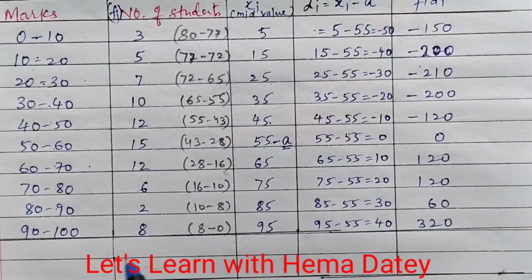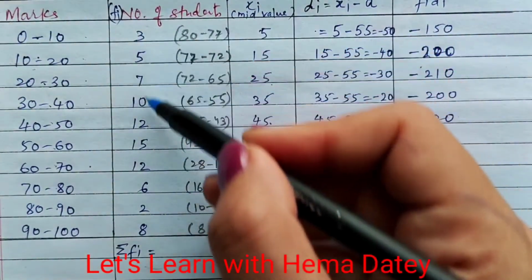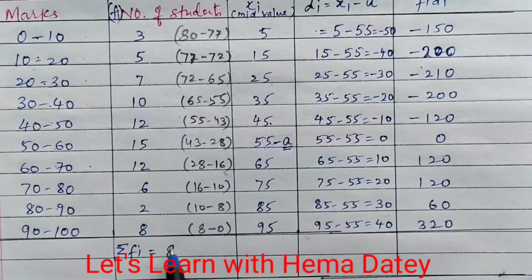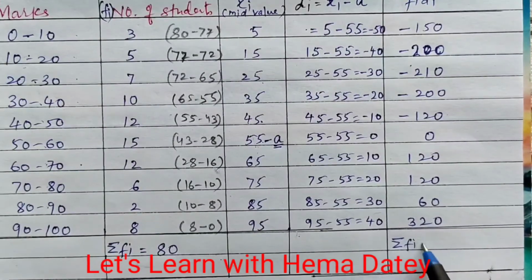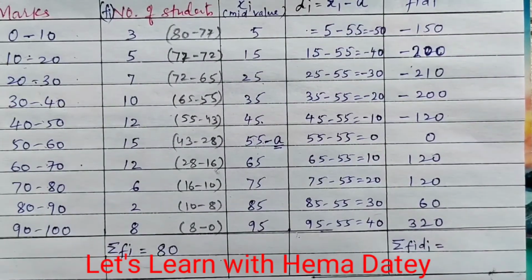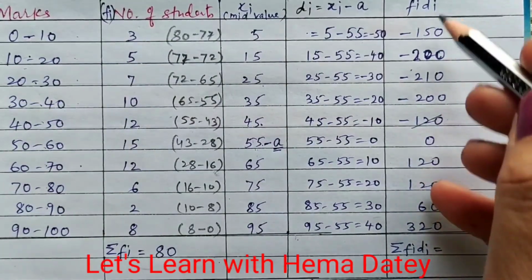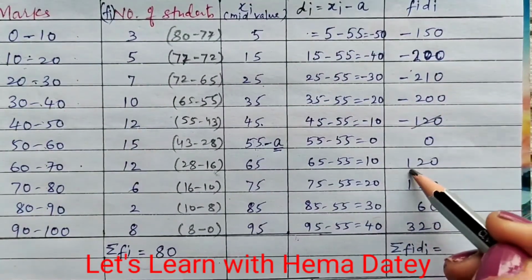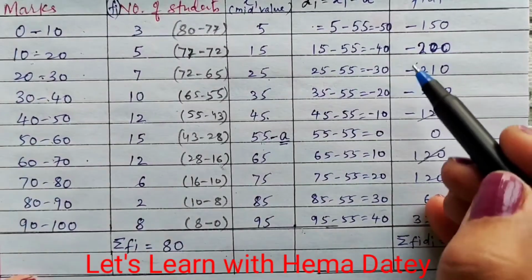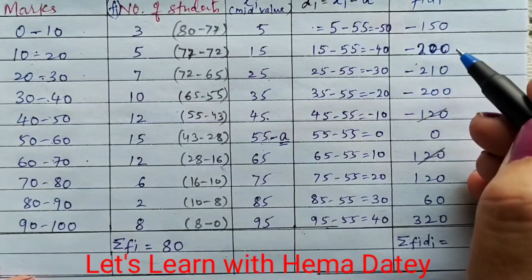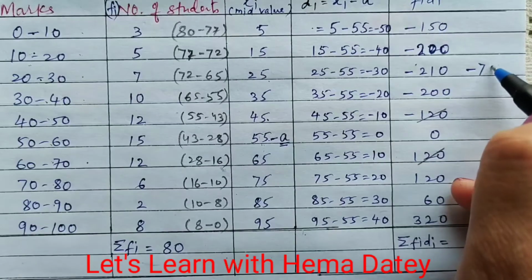Now summation fi. The total of all these numbers is 80. And summation fi di. Here you can see the negative and the positive numbers; when you add all these negative numbers, it will be negative 760.